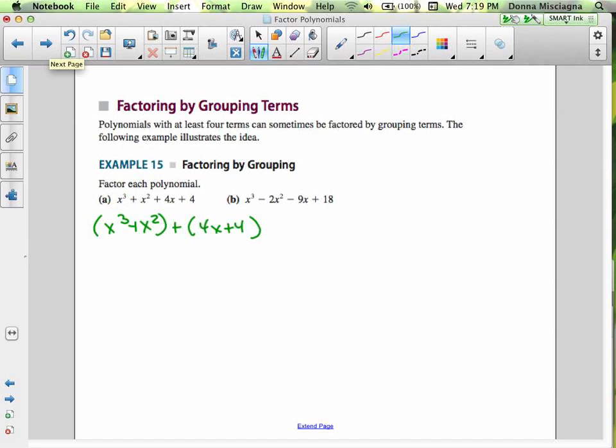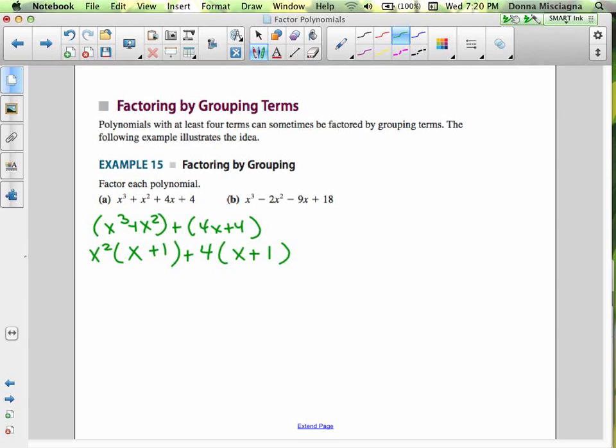All right, so we're going to factor out the greatest common factor for x cubed and x squared, and that would be x squared. X cubed divided by x squared is x. X squared divided by itself is just 1. 4x and 4 are both divisible by 4. 4x divided by 4 is x, and 4 divided by itself is 1.